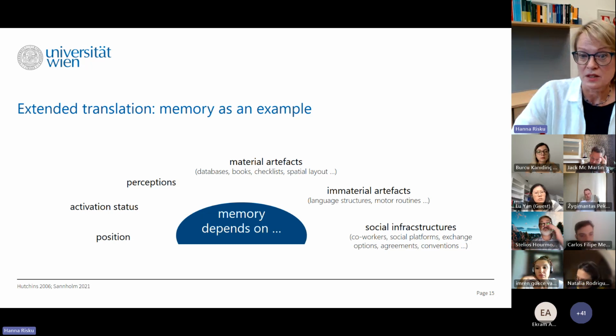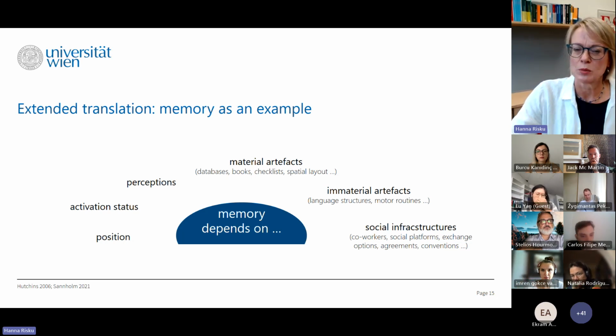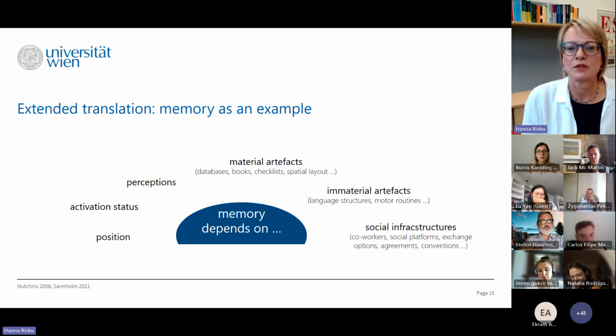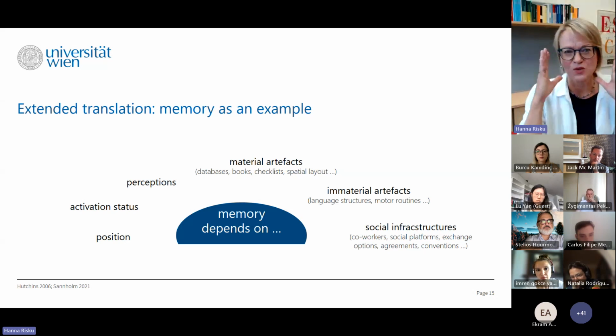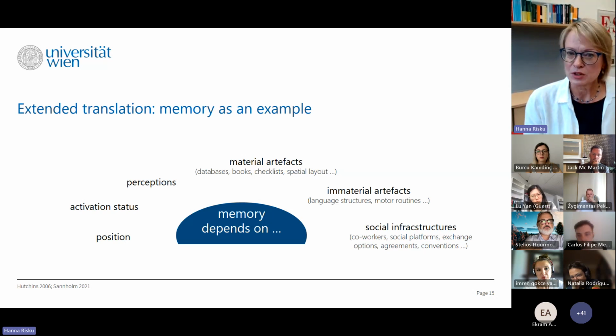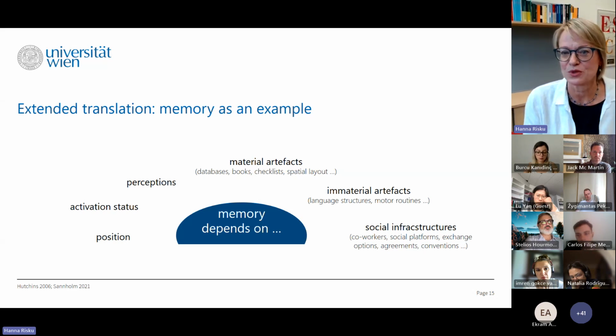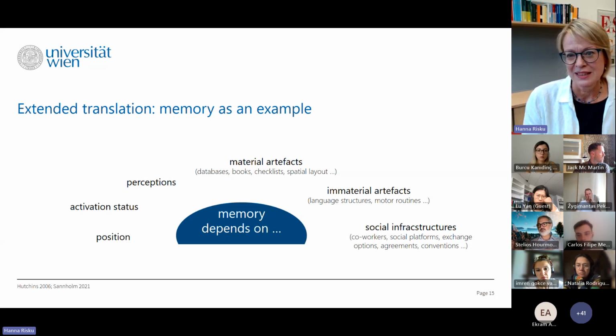According to Edwin Hutchins, because memory is more than just the sum of a specific set of mental processes, it would not actually be possible to understand human memory or how people remember, even if we had a complete understanding of human neural processes, because memory also depends strongly on the position, on the activation status and the environment in which we find ourselves at the moment of trying to remember.